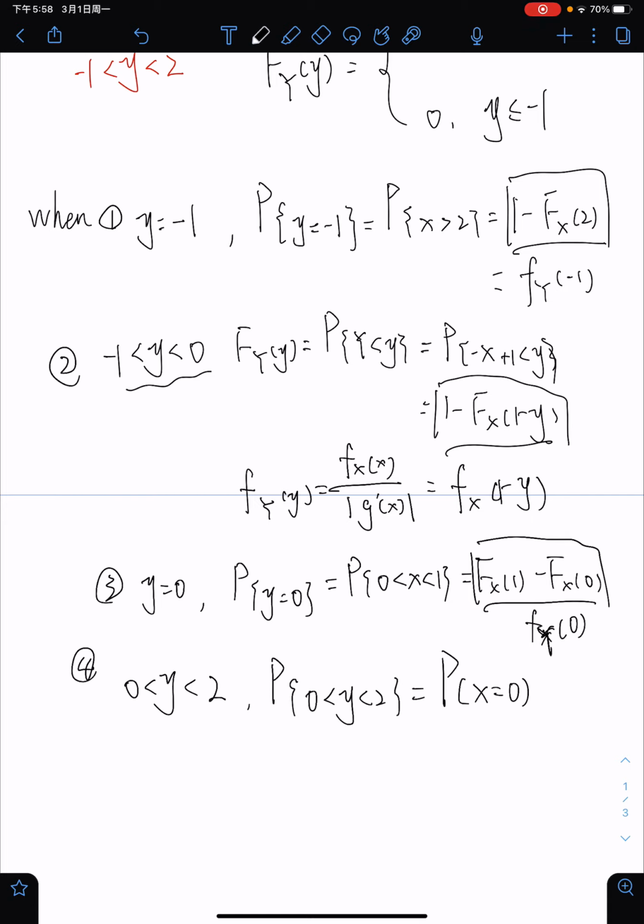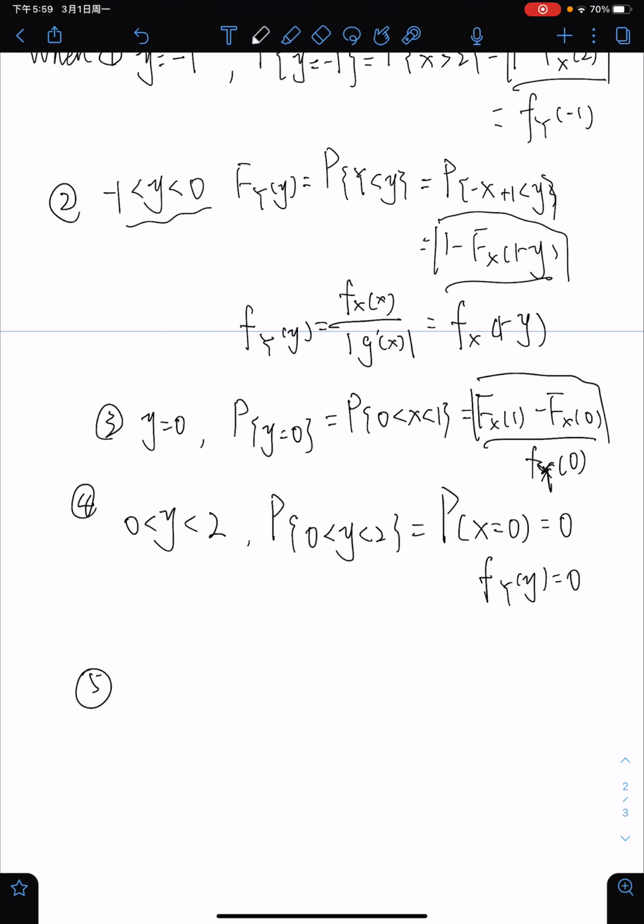Okay, and this is 0. So in this part, the density function is 0.